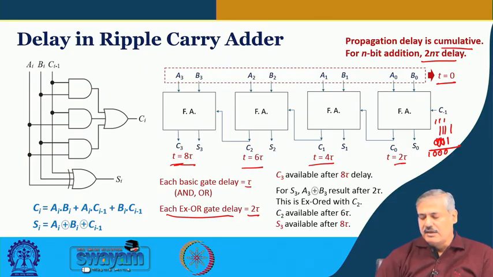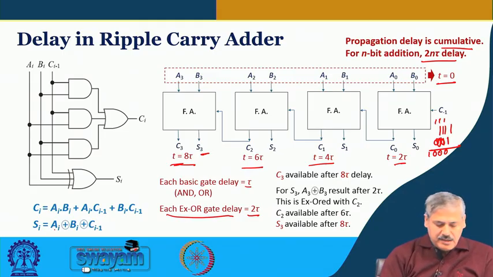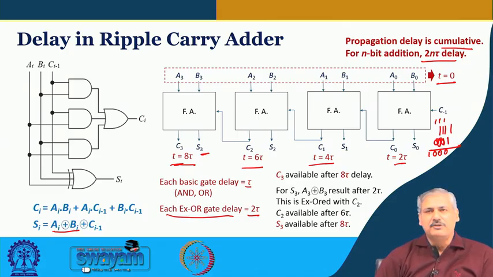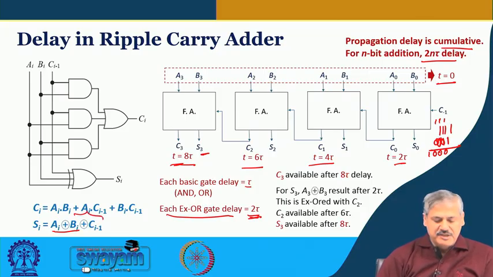And let us see what is happening for the sum bit generation. We consider S 3. S 3 will be A XOR B XOR C, right. The first XOR part is done in 2 tau time, as the XOR gate delay is 2 tau. And C 2 is available at 6 tau, so after that another XOR operation is required.